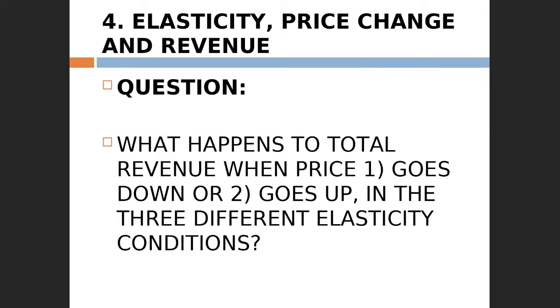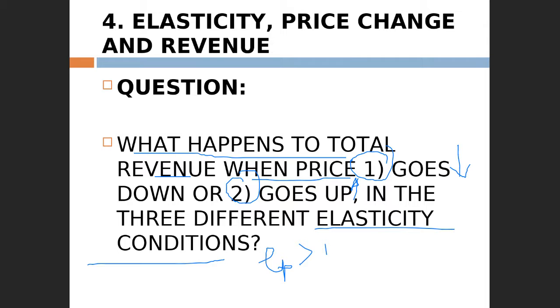Here is the question that you need to drill into your head: what happens to total revenue when price either goes down or goes up in the 3 different elasticity conditions, that is EP greater than 1, elastic demand, EP less than 1, inelastic demand, and EP equal to 1, unitary elastic demand? You get me?